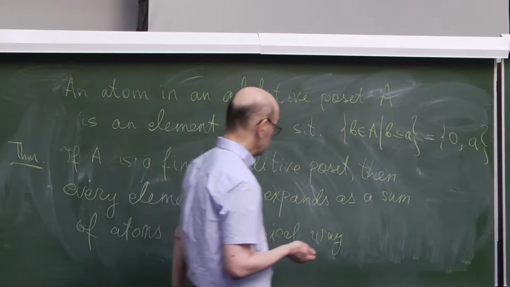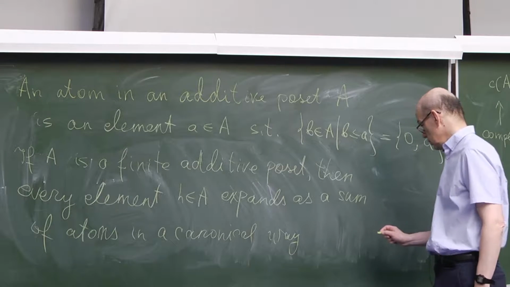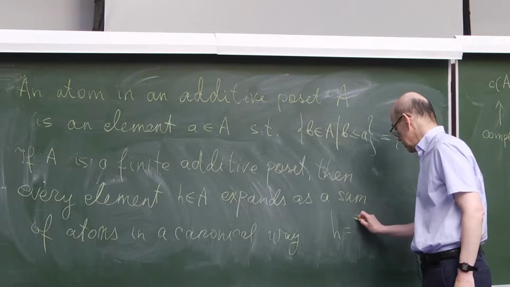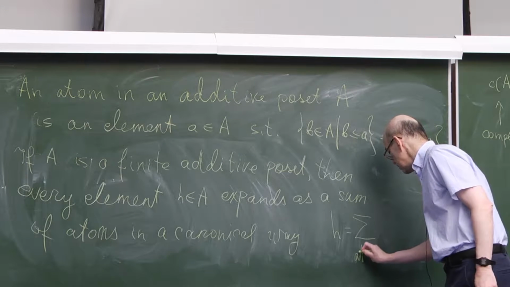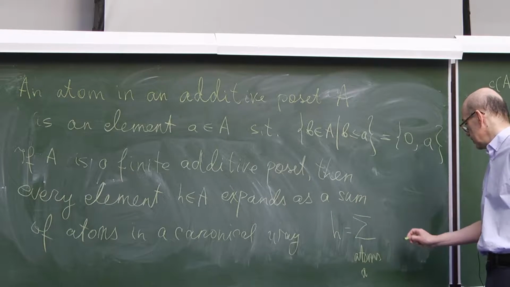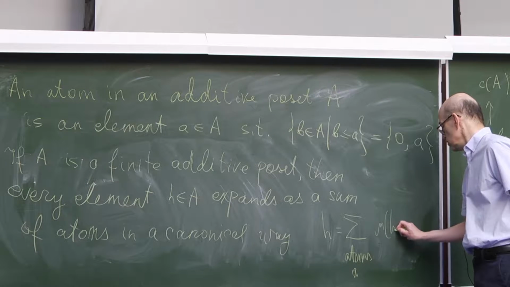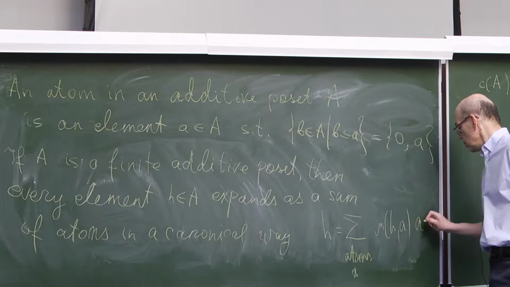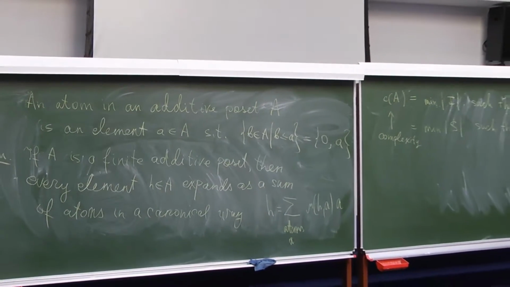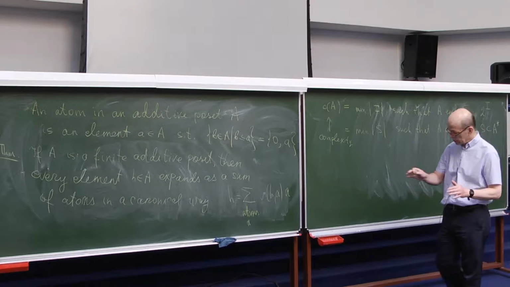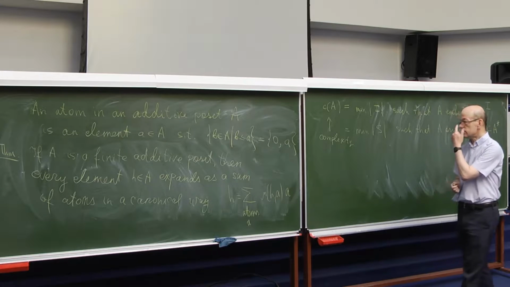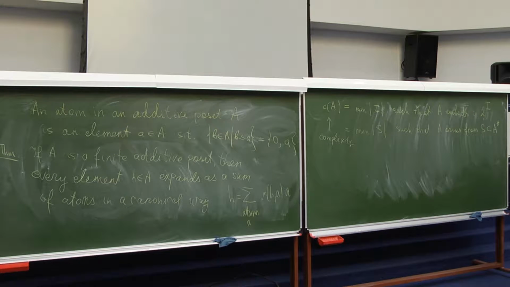So this expansion uses the so-called Möbius function. I'm not going to use the Möbius functions. So H expands as a sum over all atoms A of this additive poset with coefficient equal to mu HA, where mu is the so-called Möbius function. So there is a canonical expansion, but there may be others. Right? All right.